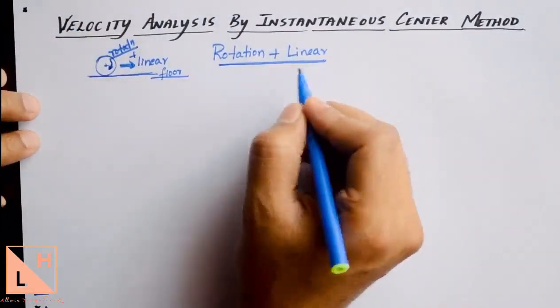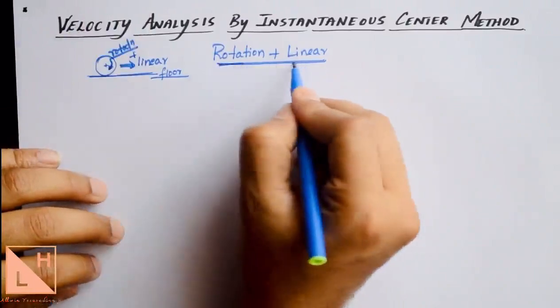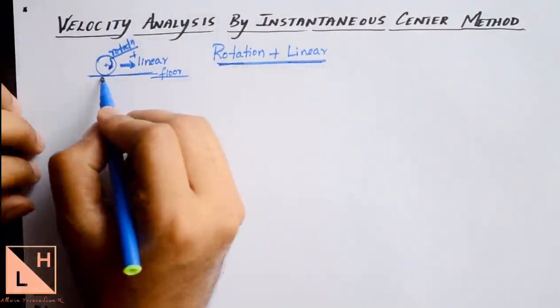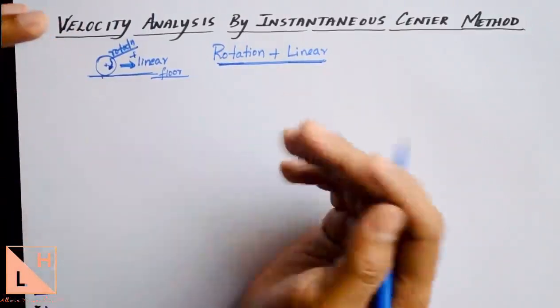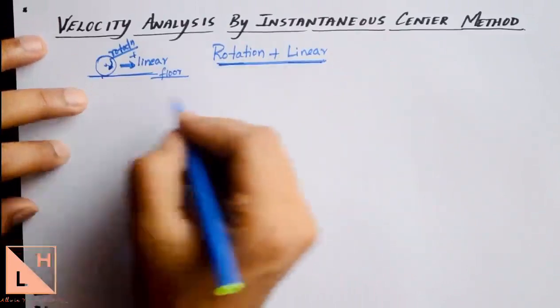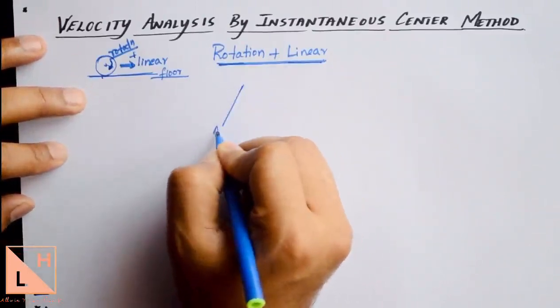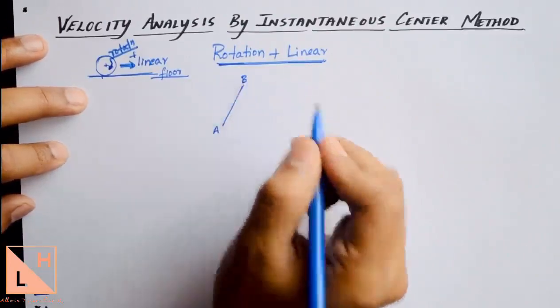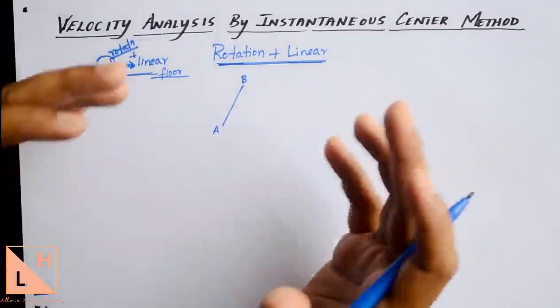Now let us see an example where you have a link which is subjected to both rotation as well as linear motion. We'll not consider a wheel, we'll just consider a much simpler link. You all know the meaning of link. It is a rigid body which does not deform, right? So we'll just assume a simple link and name it AB. Say the link AB is having some motion during a mechanism.